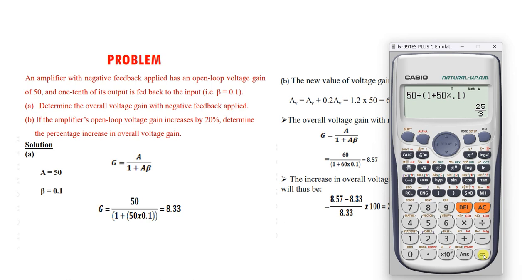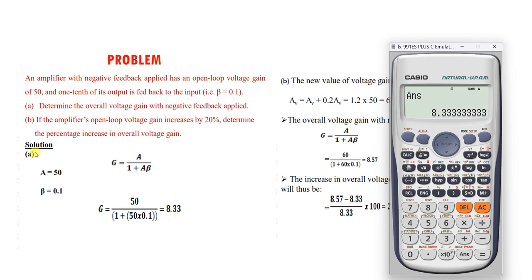Press equals and it will give 8.33. It is 8.333, the same digit repeating, that's why the 3 bar came.